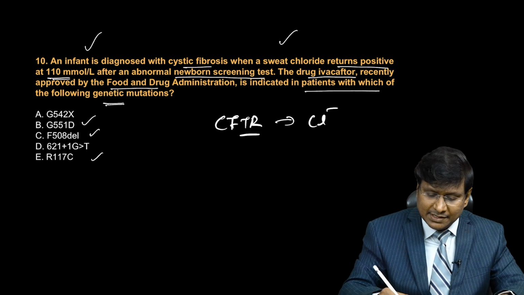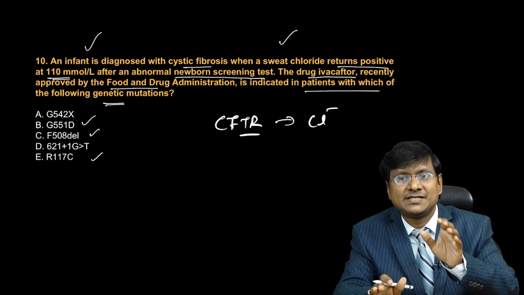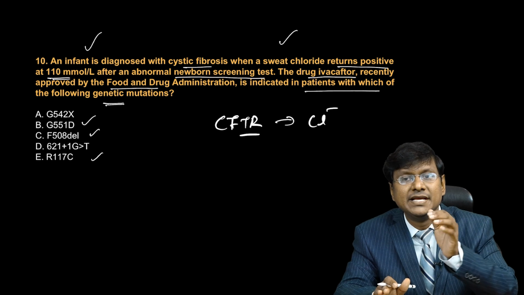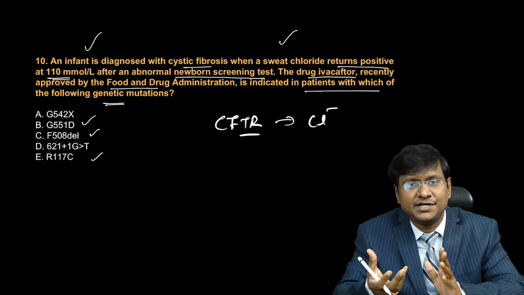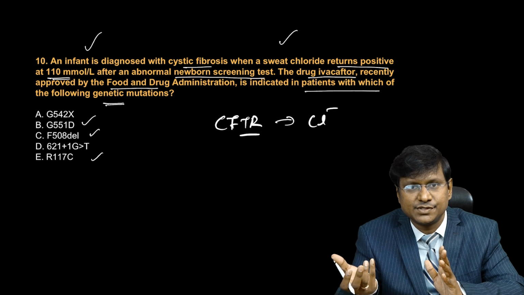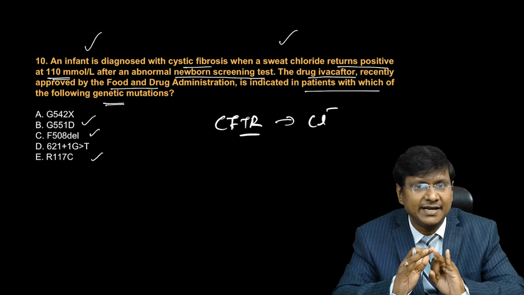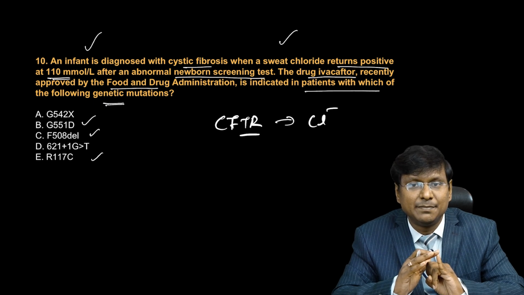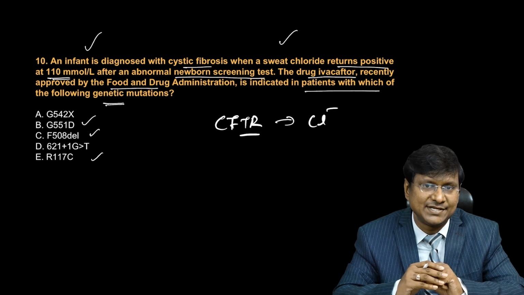If CFTR is absent, individuals with cystic fibrosis have a variety of disease manifestations related to impaired exocrine function. The primary manifestations are respiratory abnormality in the form of chronic sino-pulmonary infection, impaired exocrine pancreatic function, and also poor nutrition.